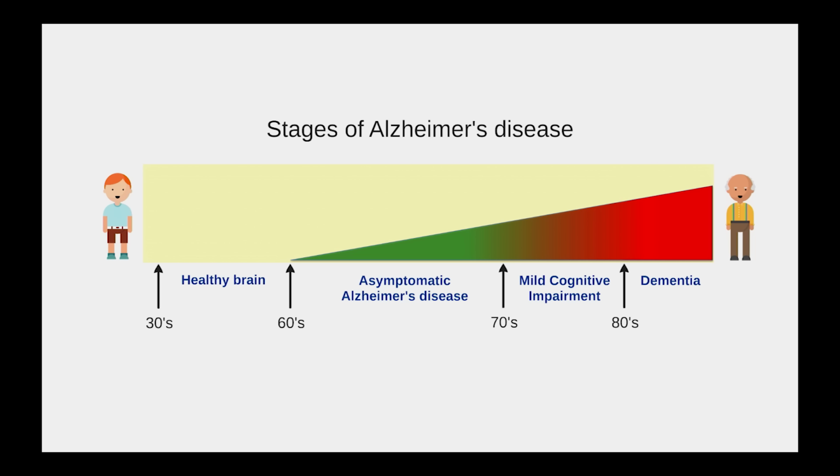We call this the asymptomatic phase of Alzheimer's disease. Then it may start showing up in people's thinking, memory, behavior, etc. It could be mild enough, and we'll discuss what that means, that we call it mild cognitive impairment, or it could be more progressed and cause people to be dependent on others for their well-being in their day-to-day life, and then we call that dementia.